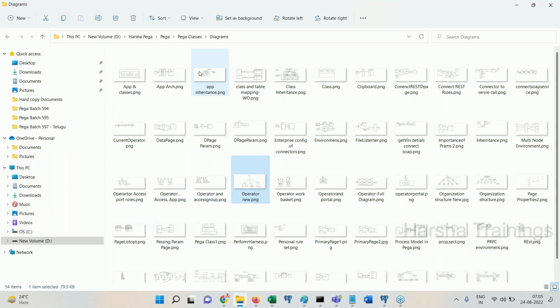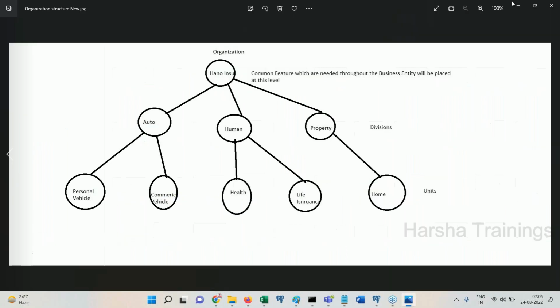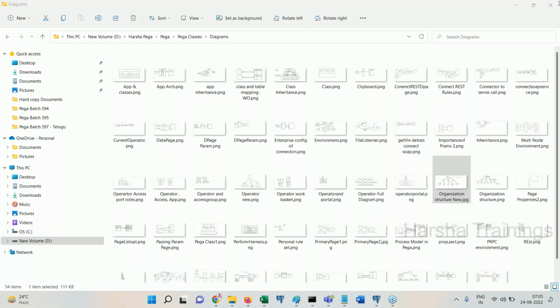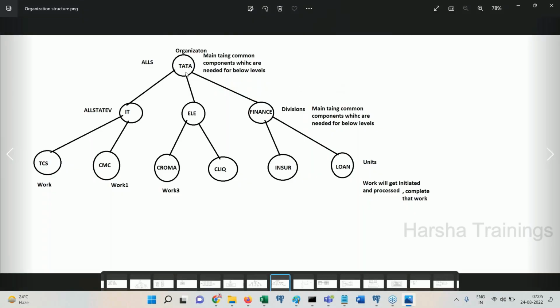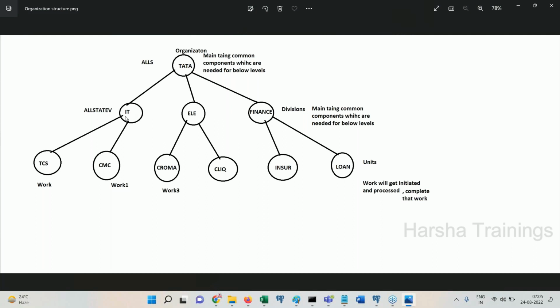Let me show you the organization structure. This is the organization structure. Under the Tata organization, you have IT, information technology, electronics related, finance related, and many other divisions, like what I showed just now in the notepad.